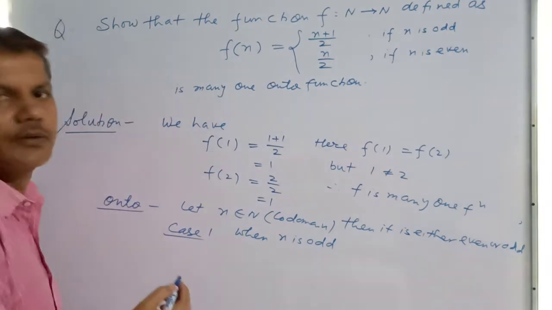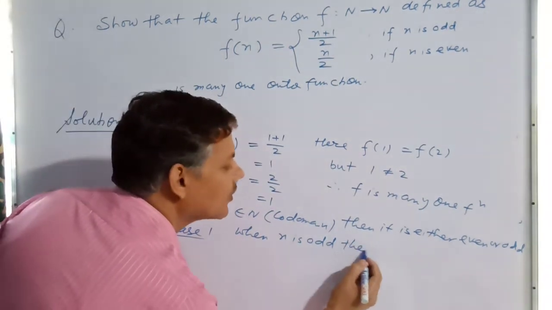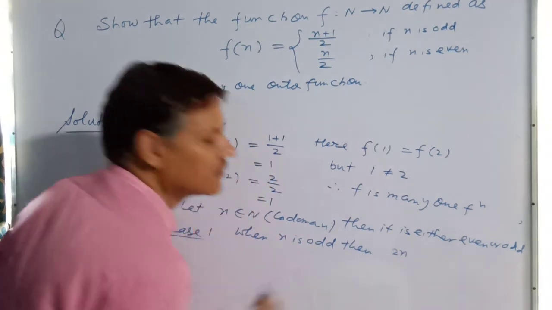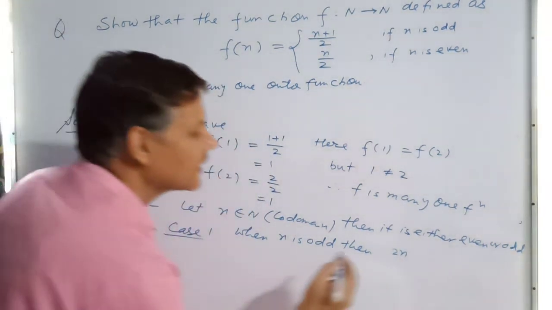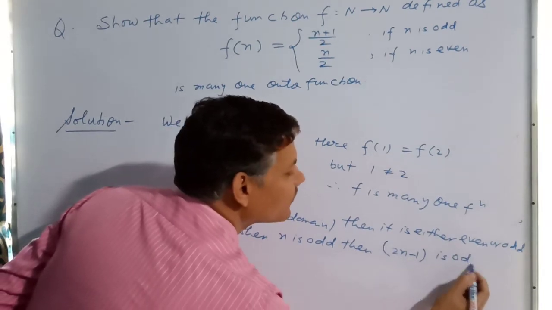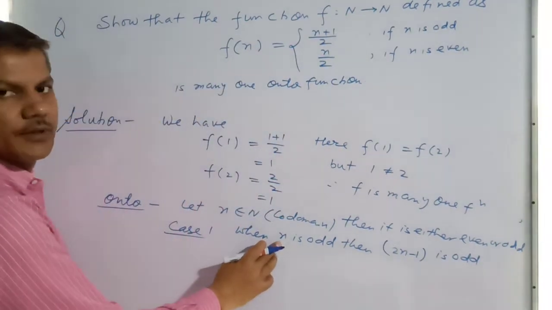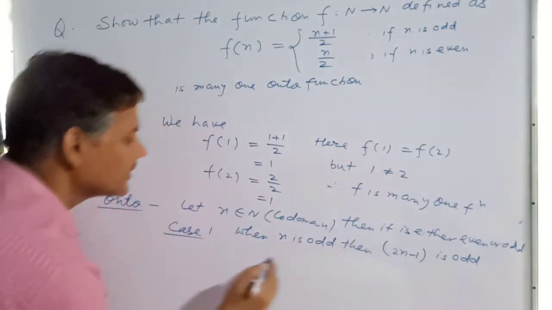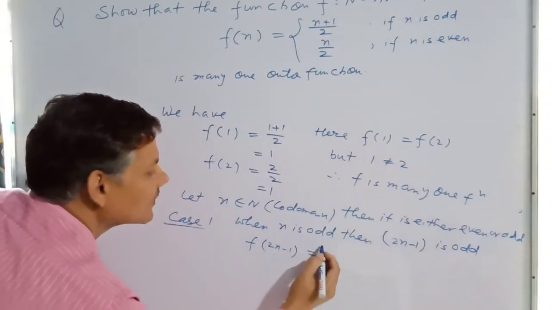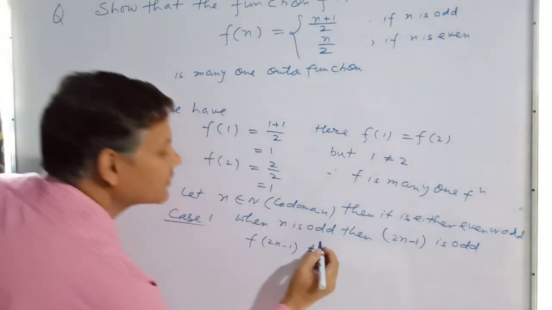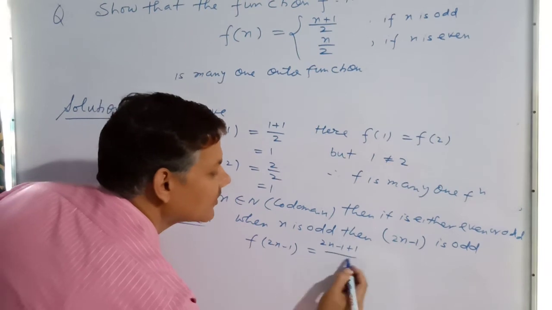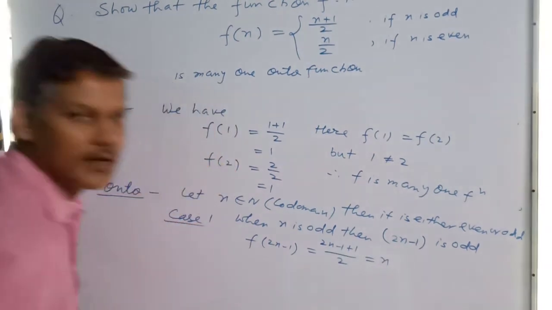When n is odd, then any number into 2 becomes even, then minus 1 is odd. So in that case, we write f(2n minus 1) is equal to, using this definition, (2n minus 1 plus 1) divided by 2, and it is equal to n.